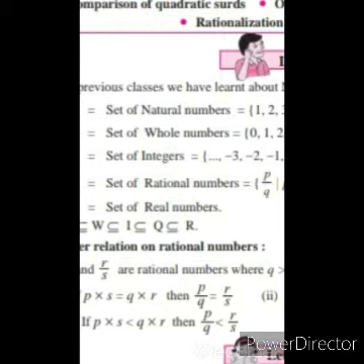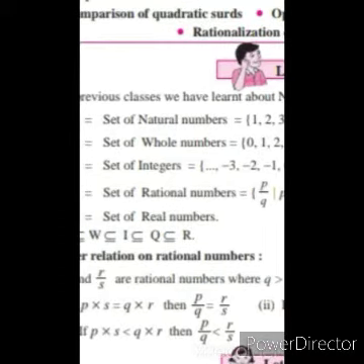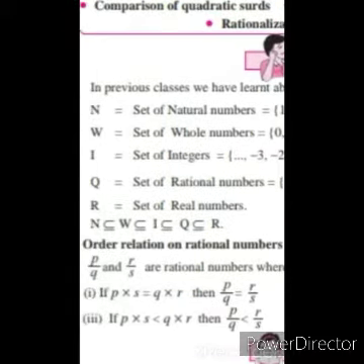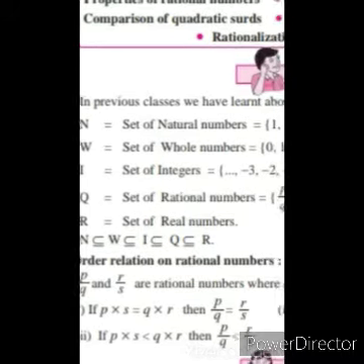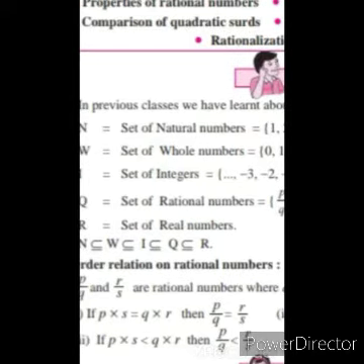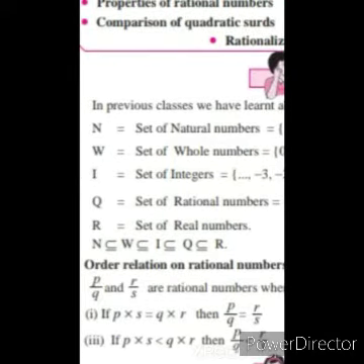Therefore, I is a subset of Q. And all the rational numbers are in the real numbers. So rational numbers are a subset of real numbers. Therefore capital Q is a subset of capital R. See below, these sets: N is a subset of W, a subset of I, a subset of Q, a subset of R. So it means that the set of natural numbers, whole numbers, integers, rational numbers are in real numbers. So including all these numbers are called real numbers.